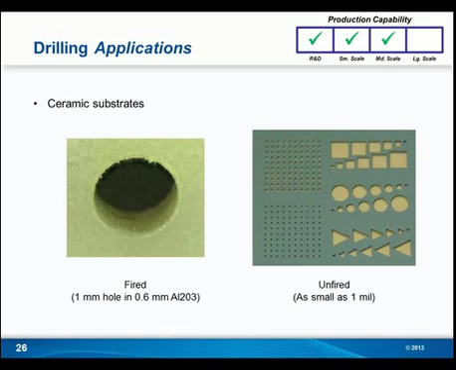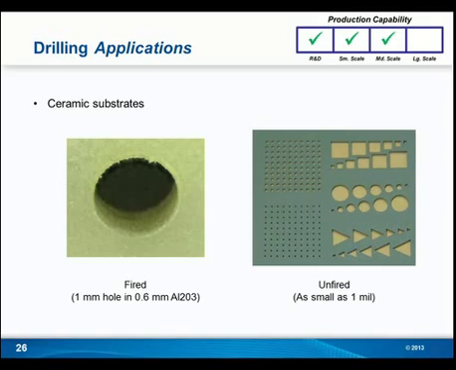So on the left, you have fired ceramics and a larger 1 millimeter hole in 0.6 millimeter Al2O3 or alumina. Now that hole actually is cut extremely well, even on the front and back side, and has very consistent hole diameter on the entry side and on the exit side. It's not as fast as the next application where you have unfired ceramic, and the unfired just absorbs the UV wavelength much faster, and you get faster ablation of the material.